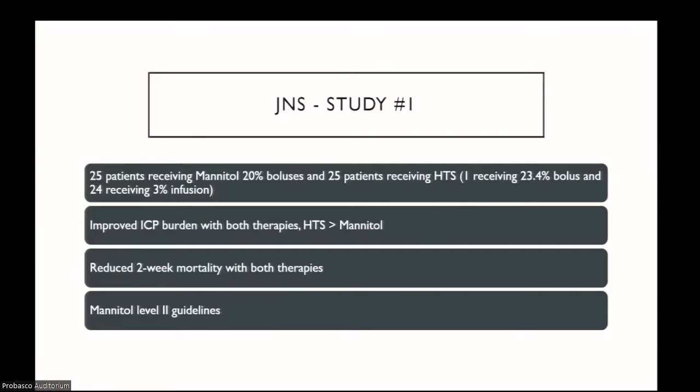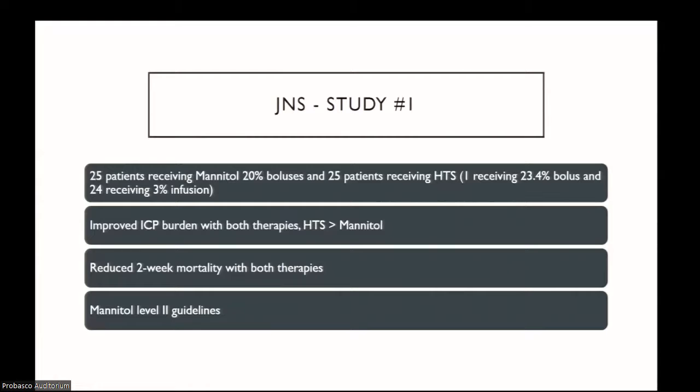And the mean number of ICU days with mannitol was 9.8 compared to 8.5 with hypertonic. The 2-week mortality rate was lower with hypertonic compared to mannitol, but the difference was not statistically significant. The p-value was 0.56.